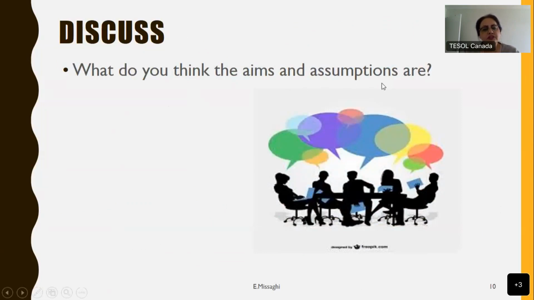We have another jargon in lesson plans that we call assumptions. So you tell me about the aims, which in TESOL we call terminal objectives and enabling objectives. What about assumptions? What does assumption mean in lesson planning?